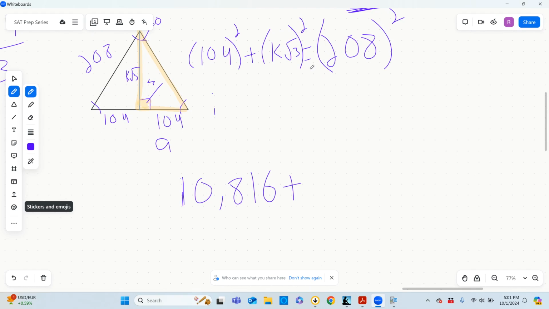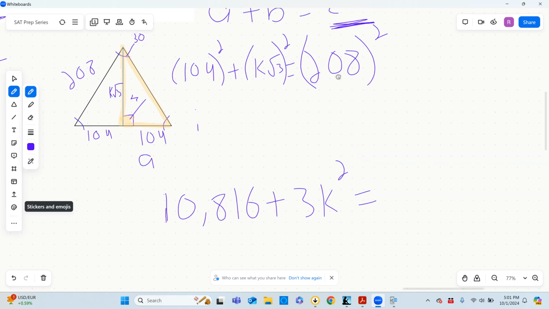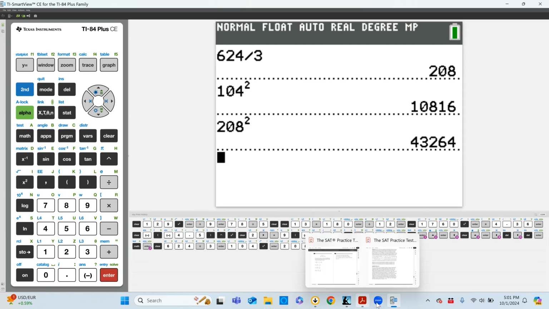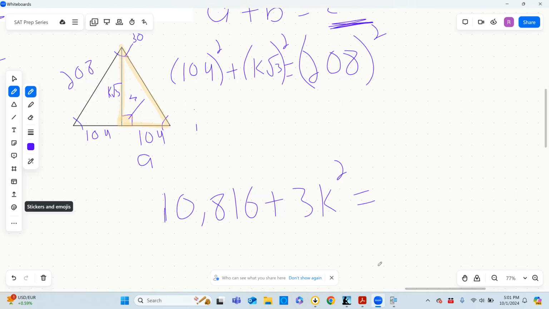The square root of 3 squared is just 3, so this is going to end up giving us 3k squared equals, now we need 208 squared. That's going to give us 43,264. So equals 43,264. And now we're just going to solve for k.